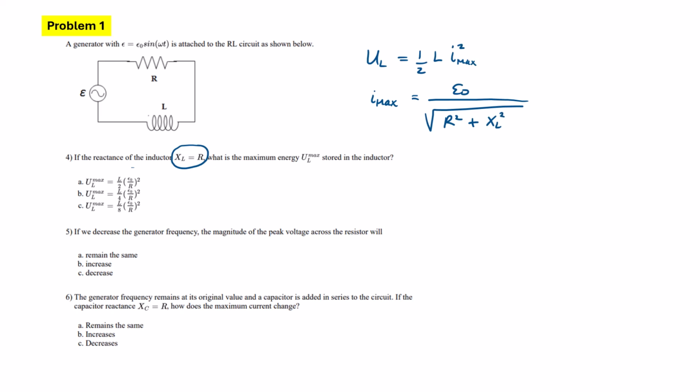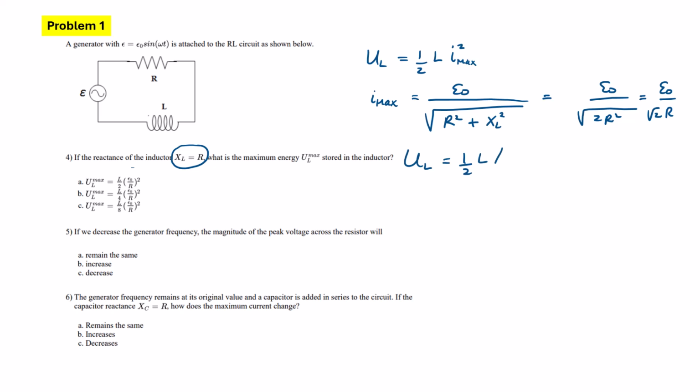Now, they told us that XL equals R. Therefore, we substitute XL for R, and you get 2R squared at the bottom. We get E0 and take one of the R's outside of the square root, and this is what we have for our maximum current.